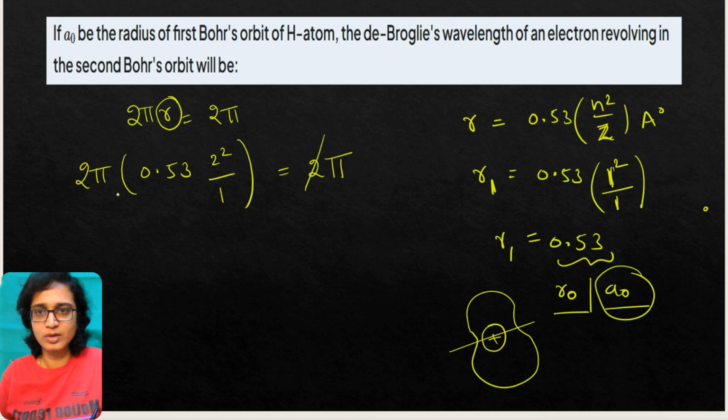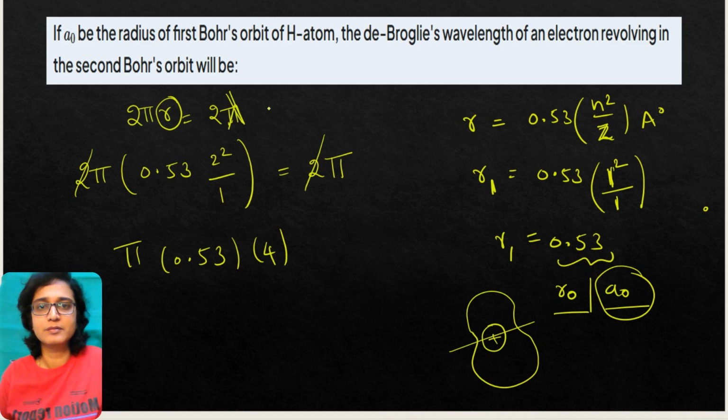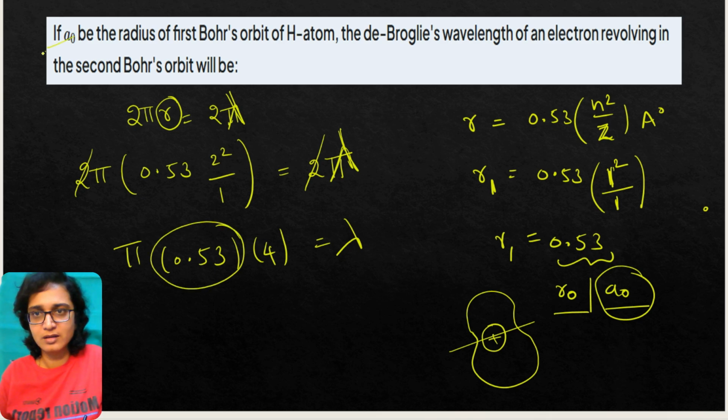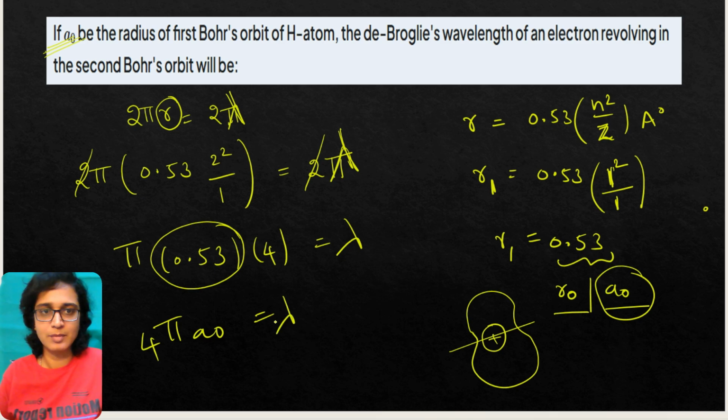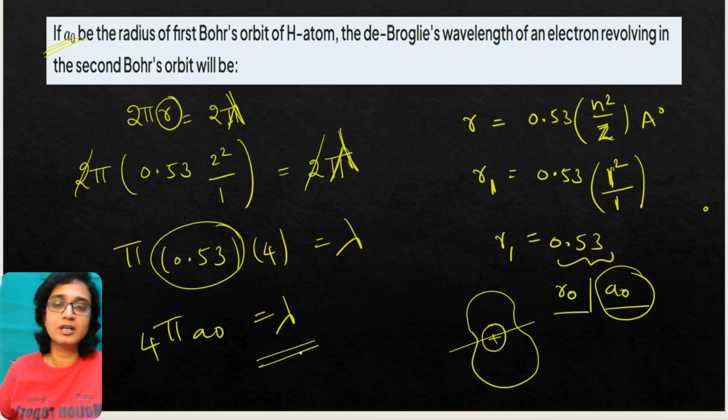Okay, 2 gets cancelled. Pi into 0.53 into 4, 2 pi r is equal to 2 lambda here, that will be lambda. This 0.53, they have given a naught. So 4 pi a naught is equal to lambda. This is the de Broglie's wavelength in terms of a naught.